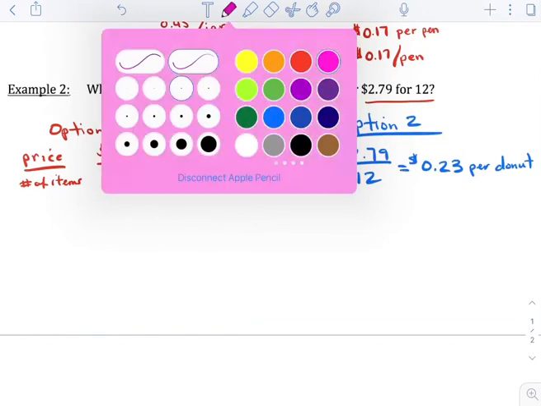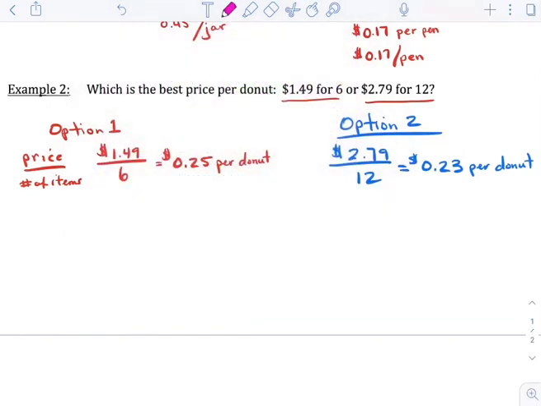But let me write a sentence that says that. So, buying 12 donuts is a better buy.